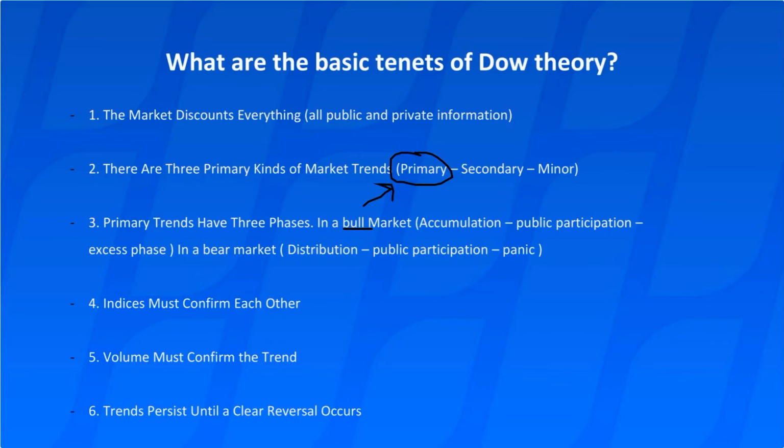A primary bull market, which is a market which is going up for more than 1 year, has three phases. These are mentioned as accumulation, public participation, and excess phase. I don't want to get into much detail at the moment because this isn't a full course about technical analysis. We are just giving a brief hint.